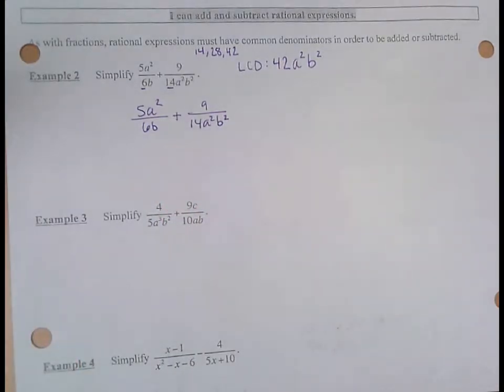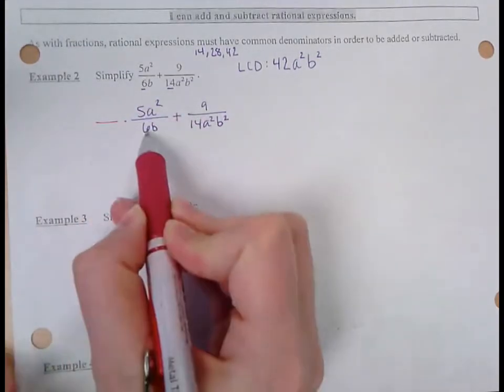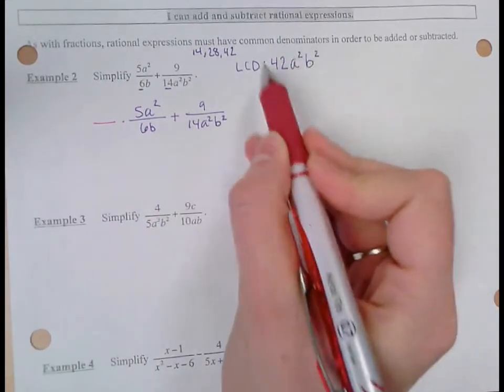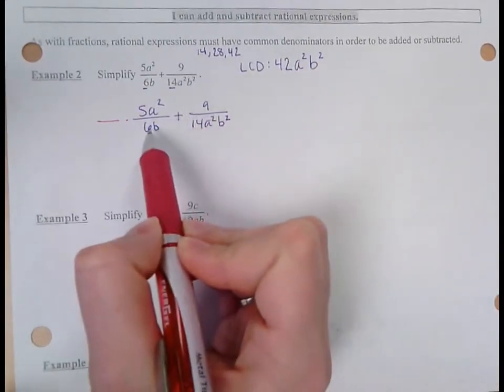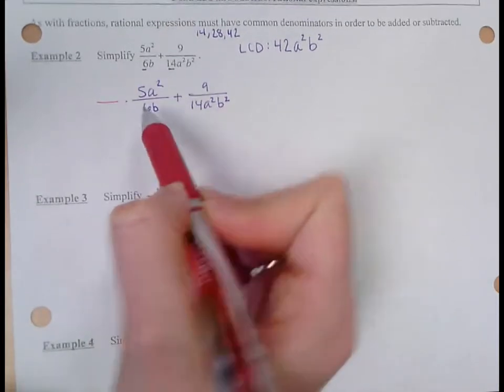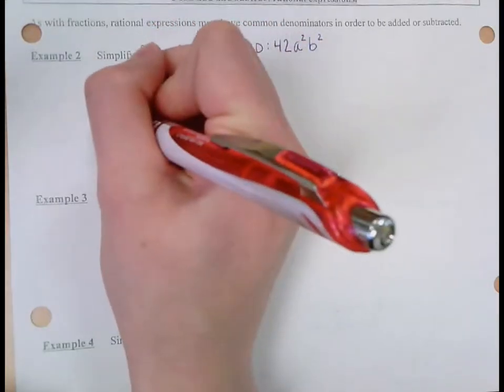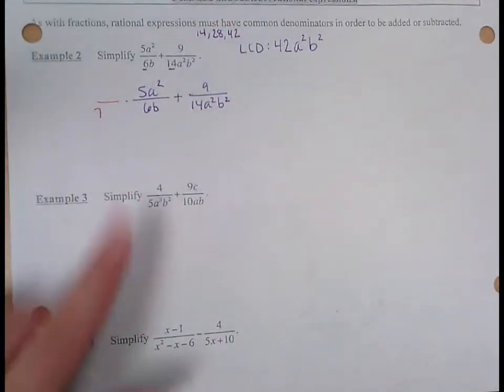All right, so to get a common denominator, I have to multiply by something to make my denominator 42a squared b squared. If I have a denominator in my first fraction right now of 6b, to make 6 into 42, I have to multiply 6 by 7.